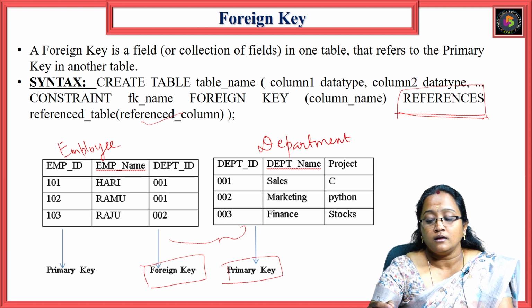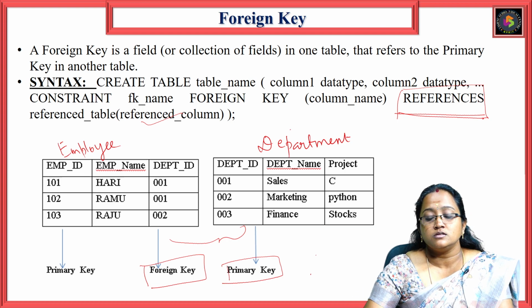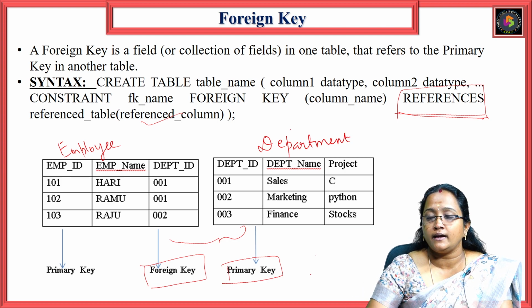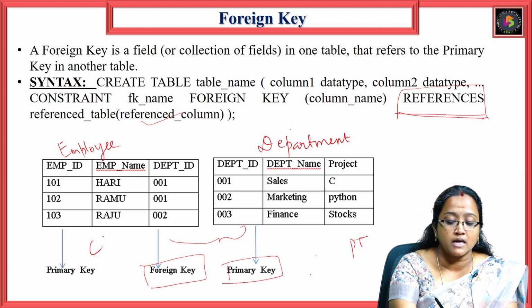Once you are going to add any data to a particular relation, if we want to add new data, we should add it in the main table. This is the parent table, and this is the child table.